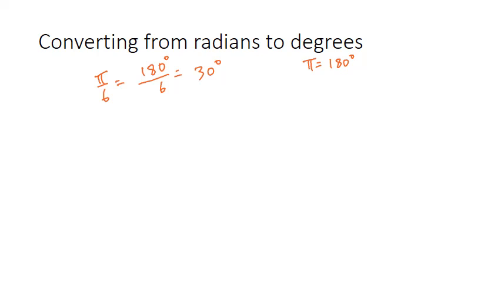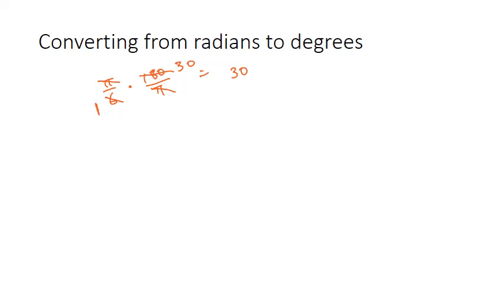But let's say we wanted another strategy. We could multiply pi over 6 by the conversion factor 180 over pi. Notice that the pi's are going to eliminate. Both 6 and 180 are divisible by 6, so 6 divided by 6 is 1, and 180 divided by 6 is 30. If we multiply across, this is just 30 over 1, which is just 30.